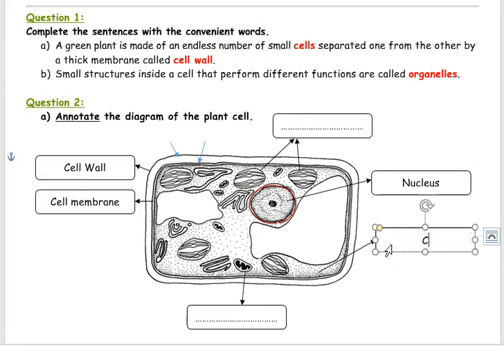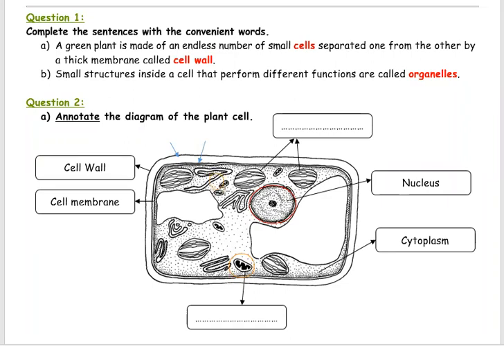Here is the cytoplasm, which is like a gel space where all organelles are found, and it is surrounded by the cell membrane. Look at this cute machine right here.